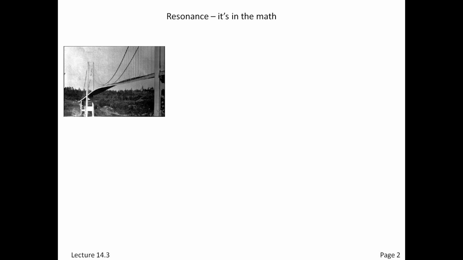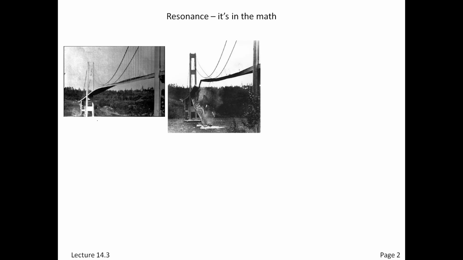In other words, this bridge had a frequency response. And the wind found out where the 3 dB point is, where the break point, the corner frequency is. And the result was this. It got the bridge whipping and whipping to the point where it eventually collapsed.